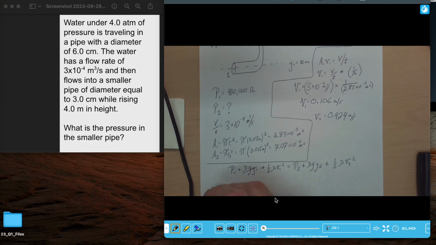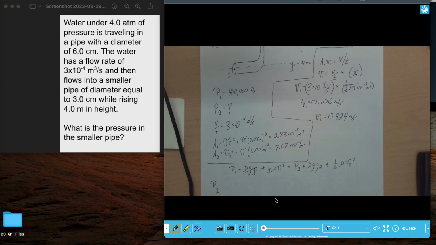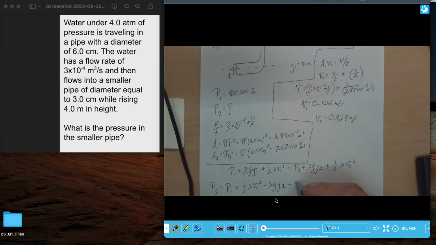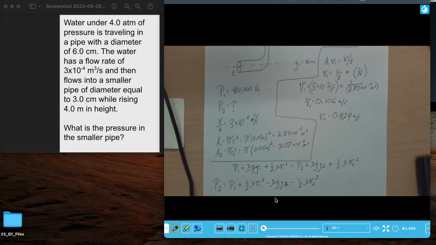P2 is subtracting everything over, so P2 will be P1 plus 1/2 rho V1 squared minus rho g y2, sorry, minus 1/2 rho V2 squared. And I'm ready to solve.